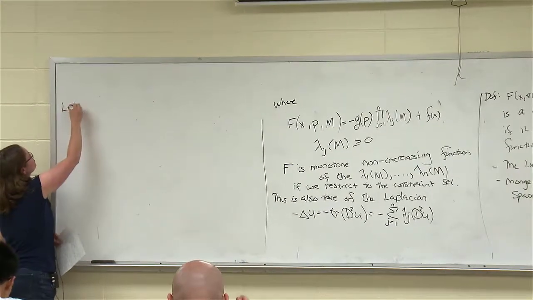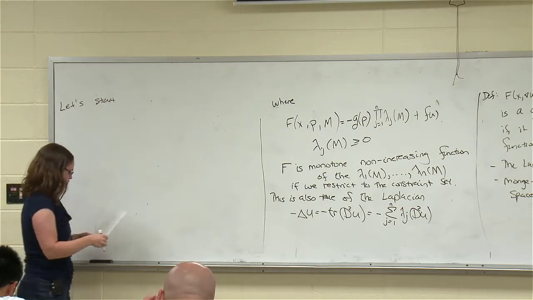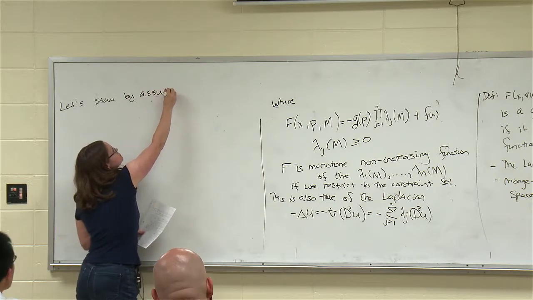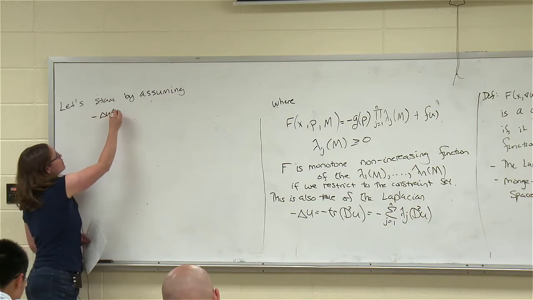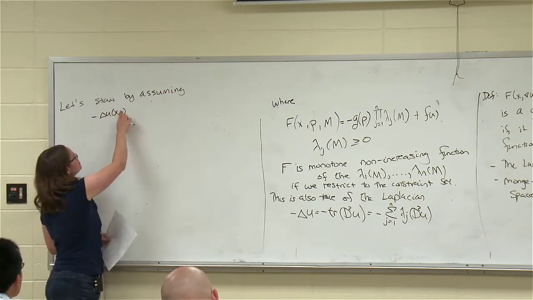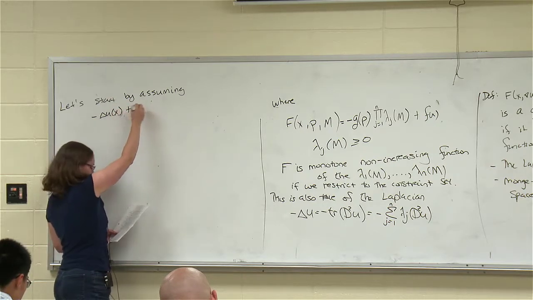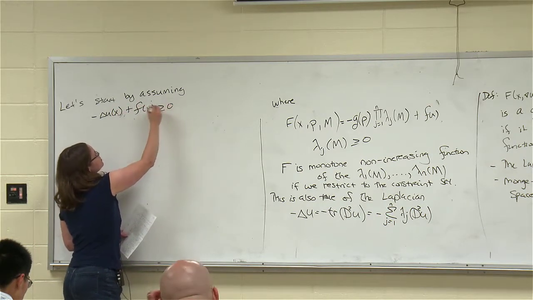Okay, so let's start by assuming we have something that's smooth enough. Let's suppose that minus the Laplacian of u of x plus f of x is greater than or equal to 0.